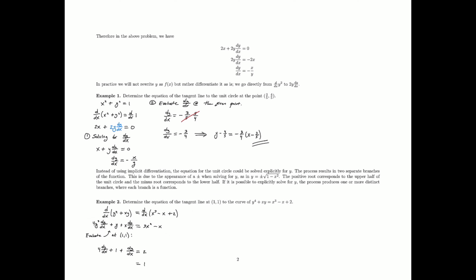Subtract 1 to the other side, we get 1. We have 5 dy/dx equals 1, so dy/dx equals 1/5. Then we can write down our equation of the tangent line using point-slope form: y minus the y-coordinate of our point equals our slope times x minus the x-coordinate of our point.